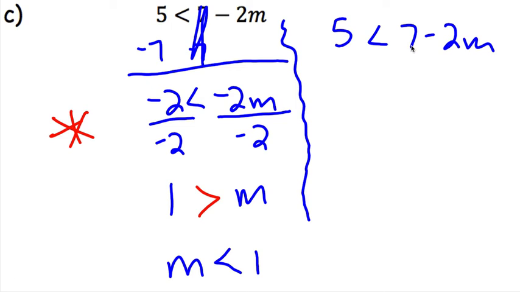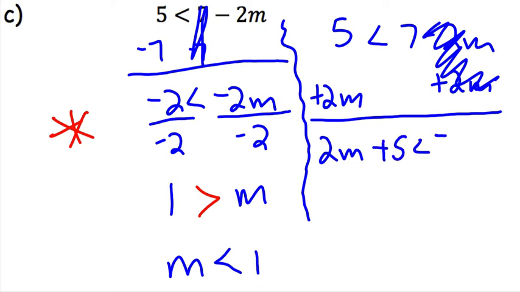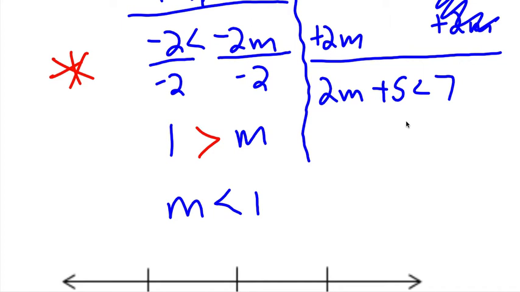I personally like to move my variable to the left right from the beginning. So what I'm going to do is I'm going to add 2m to both sides. Negative 2m plus 2m is 0. Over here we cannot combine these together because they're not like terms, so we'll say 2m plus 5 is less than 7. Then we subtract 5. 5 minus 5 is 0.